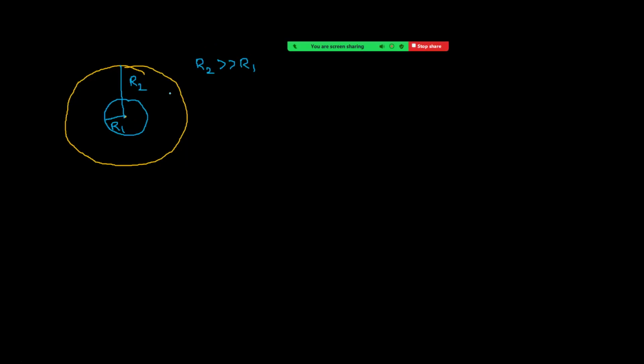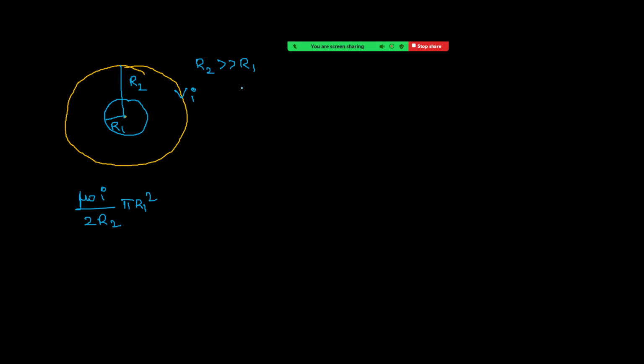If you calculate the strength of the magnetic field at the center because of the outer one, suppose the current is I. At the center, the strength of the field is mu naught I by 2R2. Now, if you multiply with the area of the inner loop, we get the flux, that is pi R1 square.